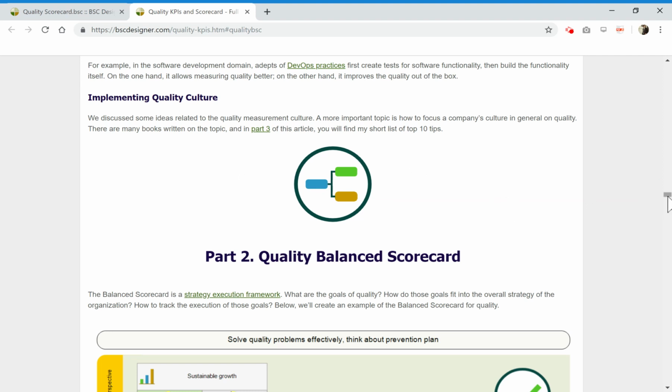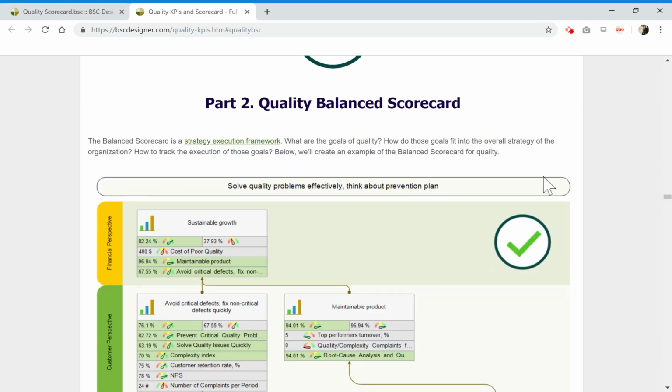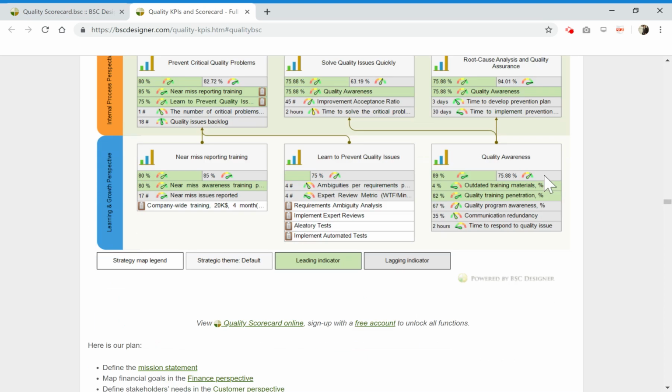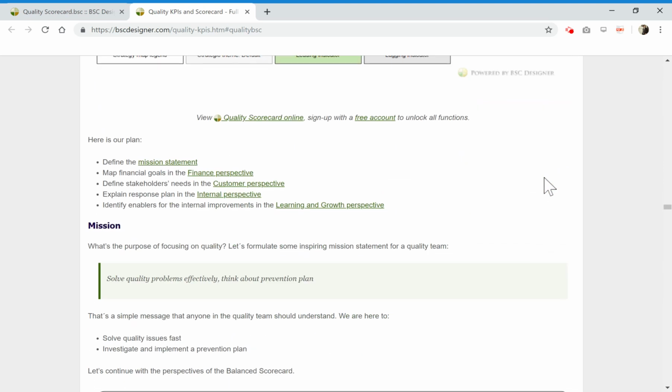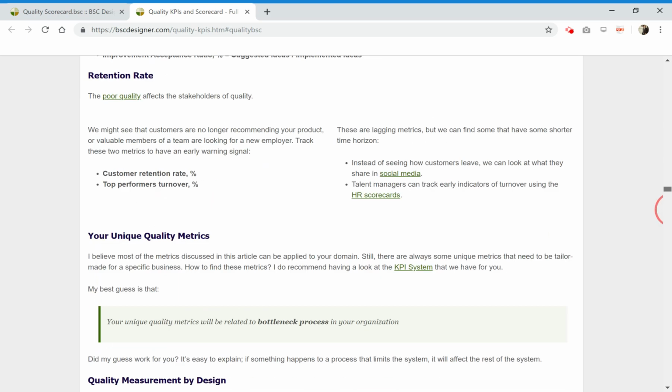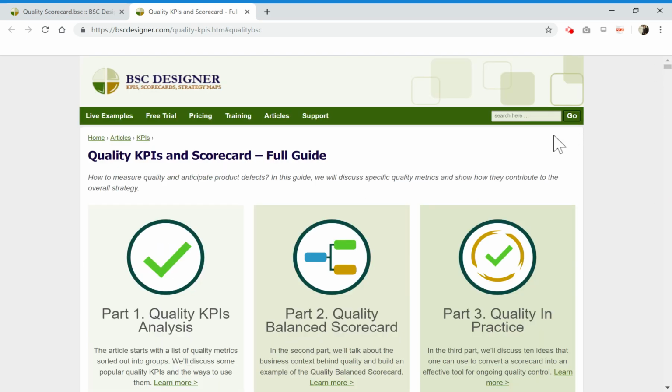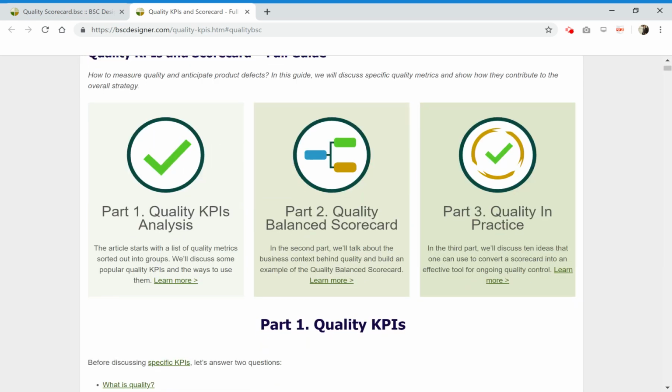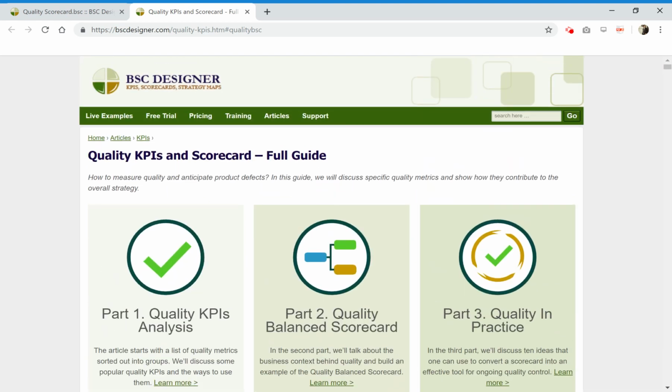So if you want to learn some theory, if you want to go step by step with all the details, I do recommend that you check out this article. You'll find three parts there.